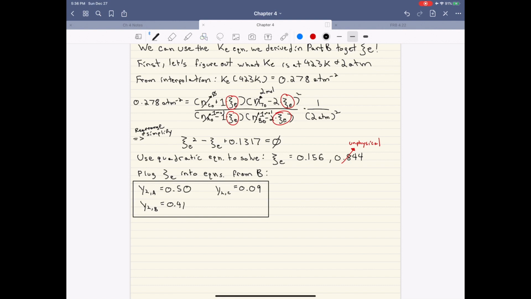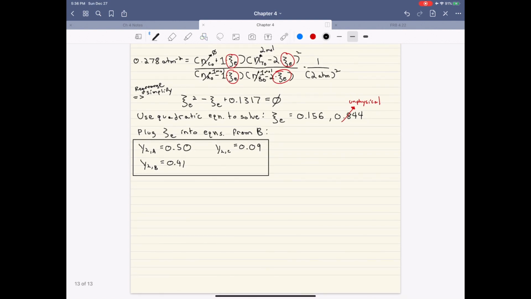Alright, and for the last part of the problem, we need to figure out the fractional conversion. And so fractional conversion, in terms of species A, is just a ratio between the number of moles of species A that reacted over the moles of A that you actually fed into the process.